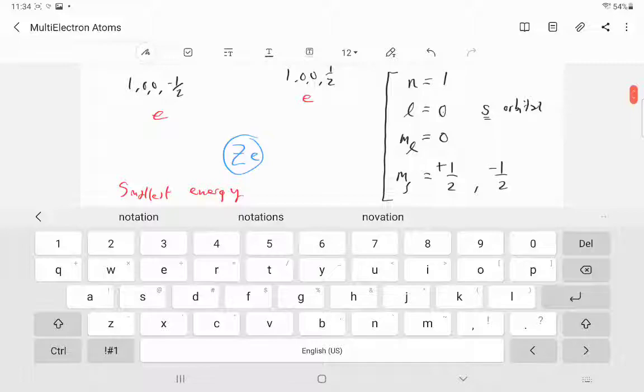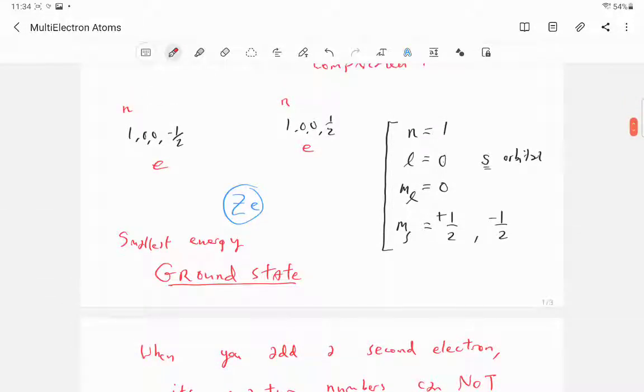So here is the 2-electron atom. You can see that n equals 1 for this 2-electron atom, because I can fit both electrons in the n equals 1 shell, which has L equals 0 subshell, M sub L values of 0, but the spin can be either up or down, right? So we make one of the electrons occupy the up state, and the other electron occupies the down state.